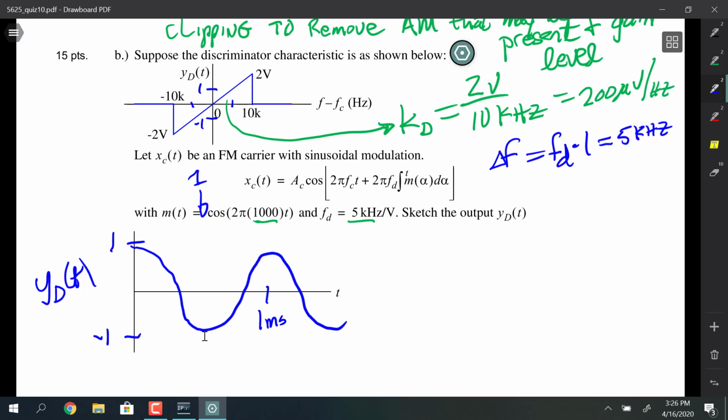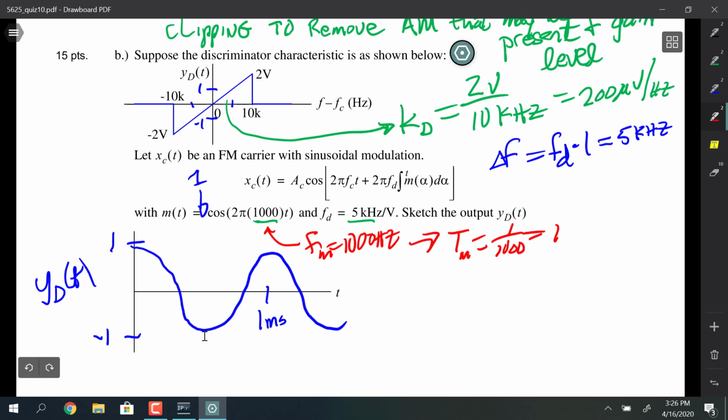The message FM over here is 1 kilohertz. So the period of the message is 1 over that, which is 1 millisecond.